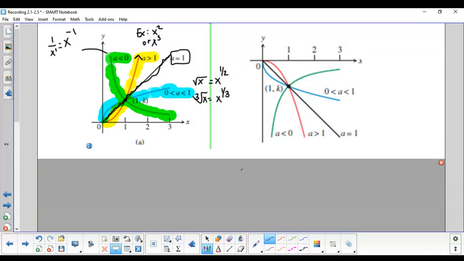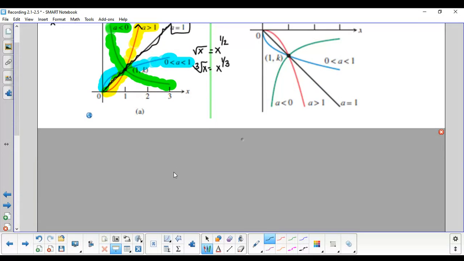Recall that we can rewrite a radical as a rational exponent by writing the power over whatever your number is inside of the radical, and that will give us our rational exponent.